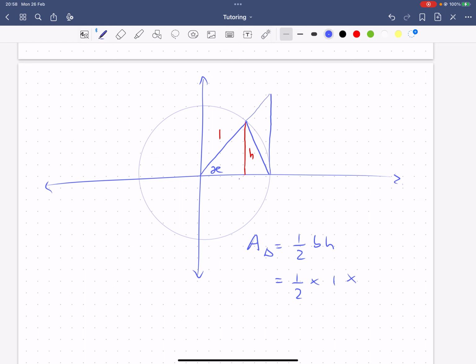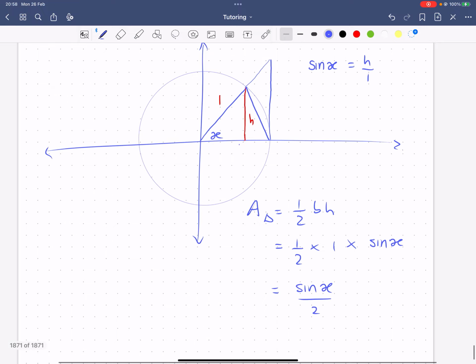Now, using right-angled trig, sine of x is opposite h over hypotenuse 1. So the height is sine of x. That means the area of this triangle is sine of x over 2. We might start constructing this inequality. Sine of x on 2 is going to be the smallest in our inequality, and we're going to have three things in our inequality. Here we're going to have the sector, and here we're going to have the larger triangle.